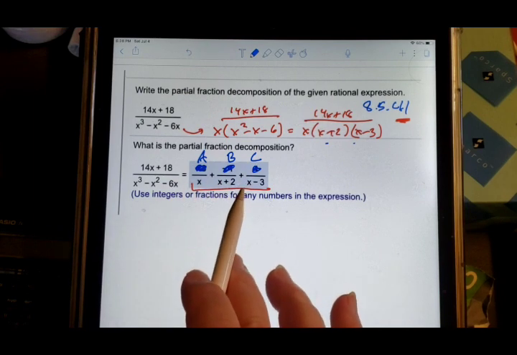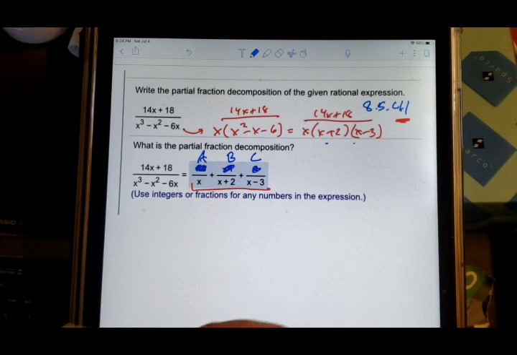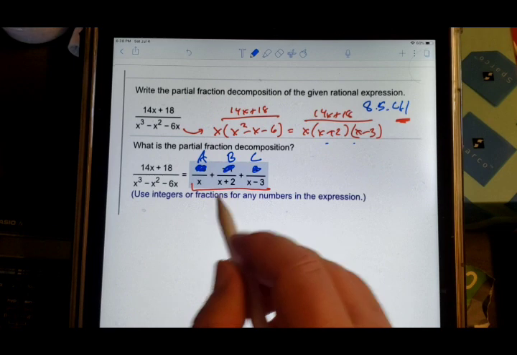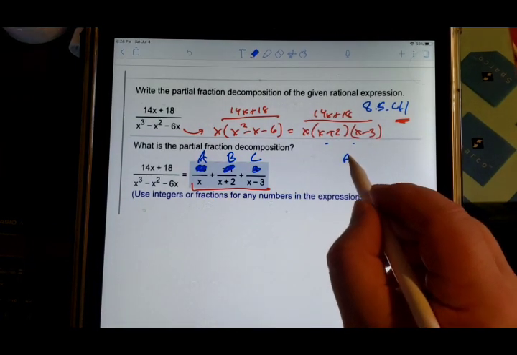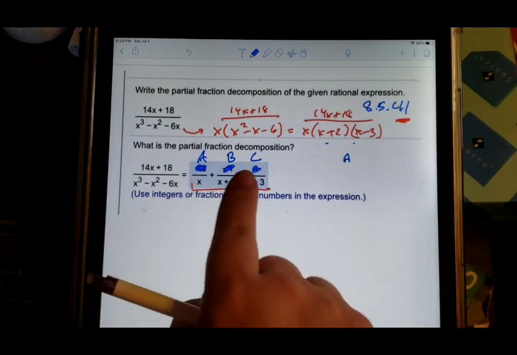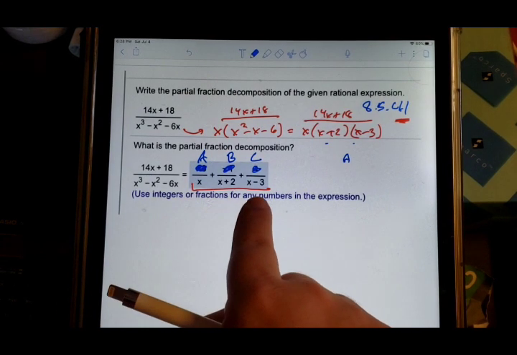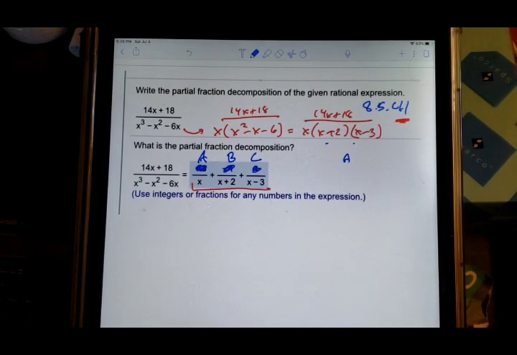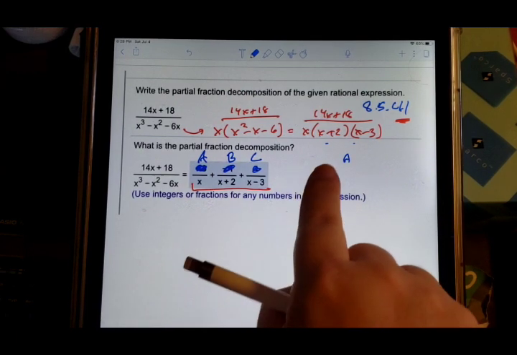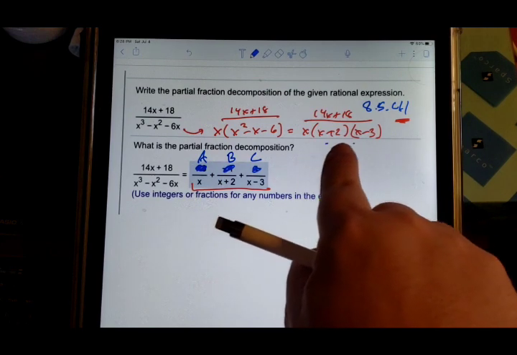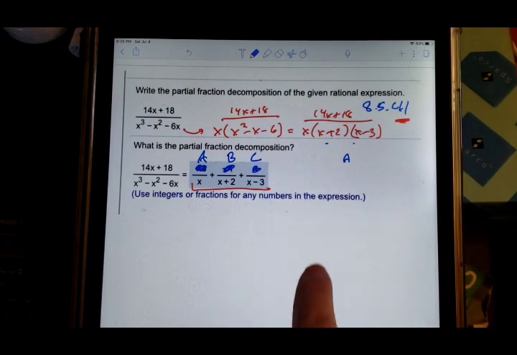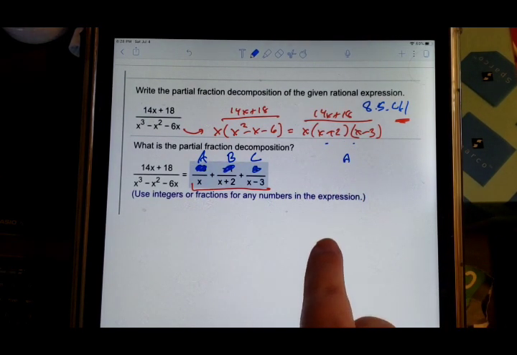So when I say these could be in any order, there's no way that the question could just ask, what's A? Because you might have put A over x minus 3. They have to ask the whole part, right? Because the order is up to you. There really is no agreement as to how to order parentheses in a factoring problem.